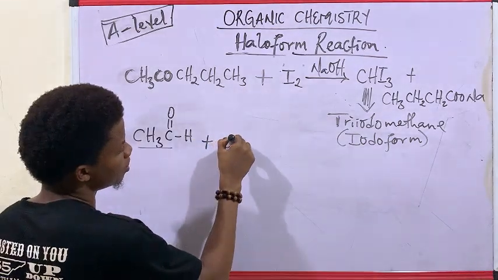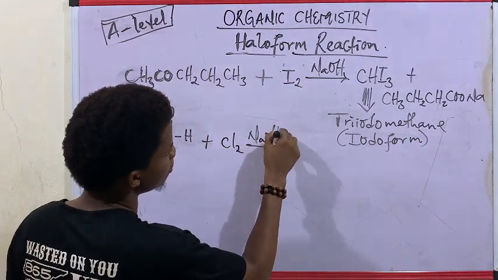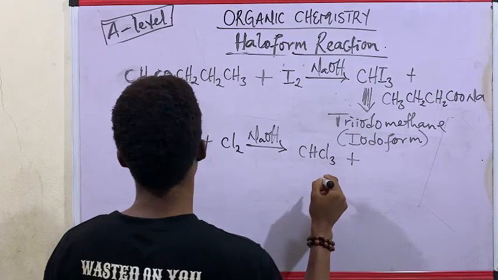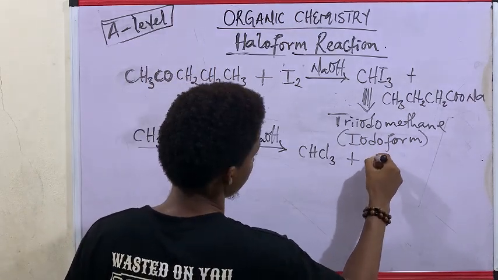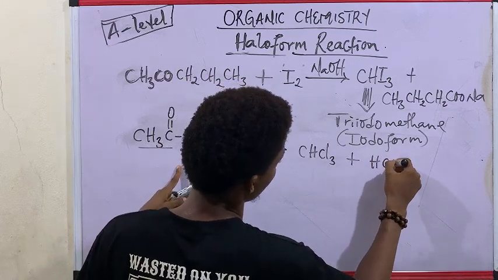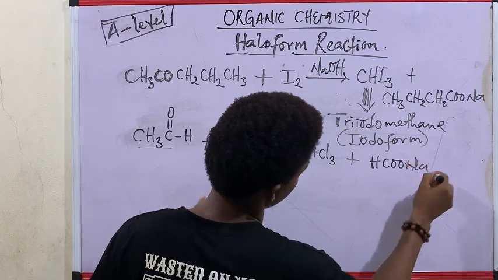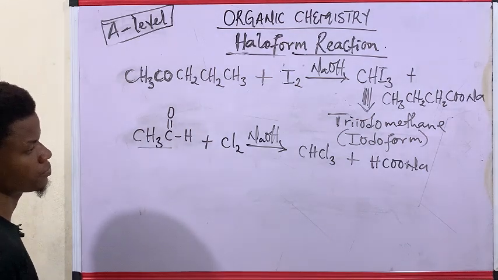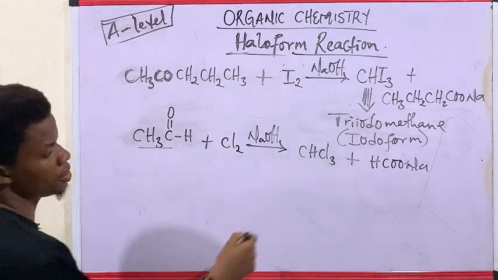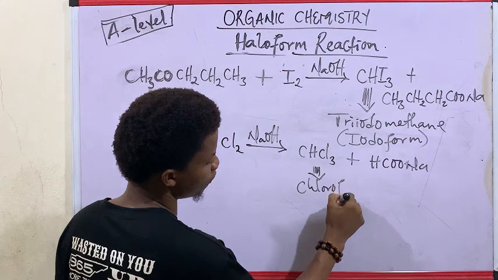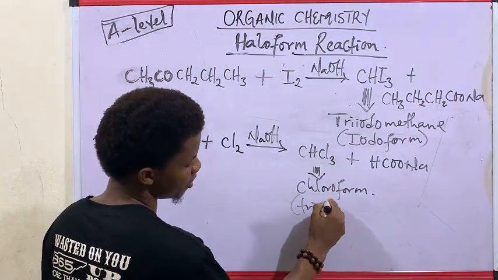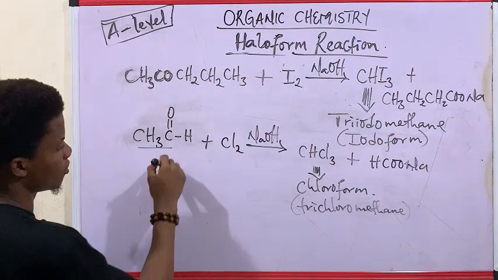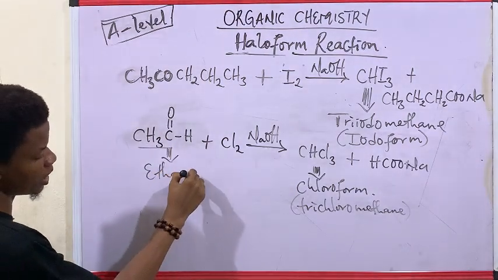So this can also react with chlorine in the presence of NaOH, to give us CHCl3 plus HCOONa. This CHCl3 is chloroform, or trichloromethane.